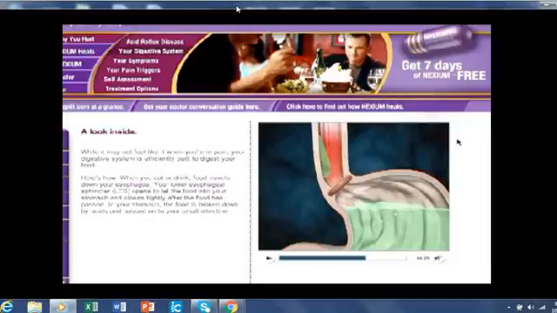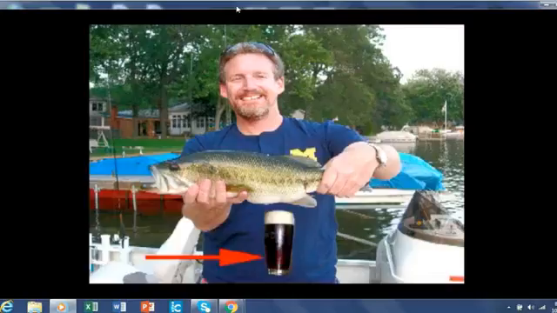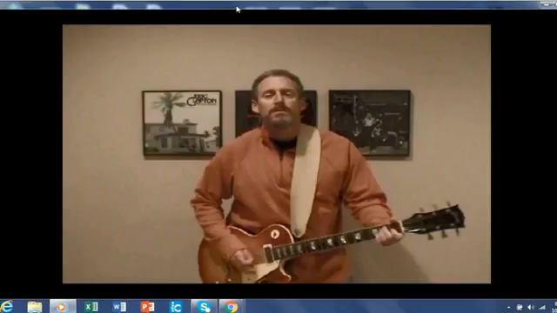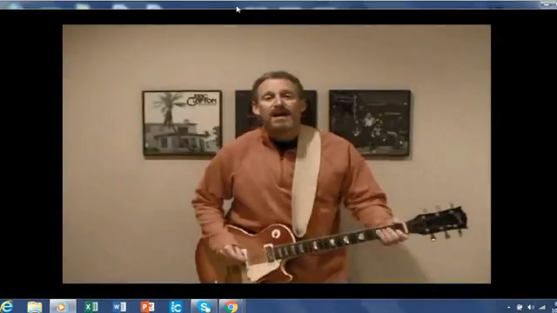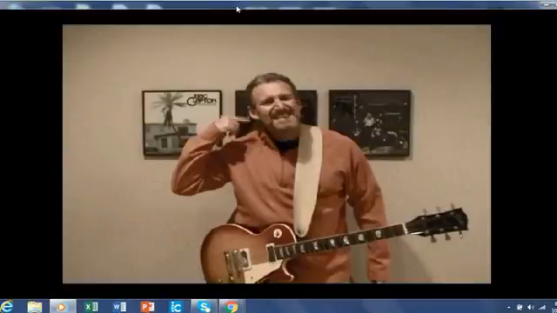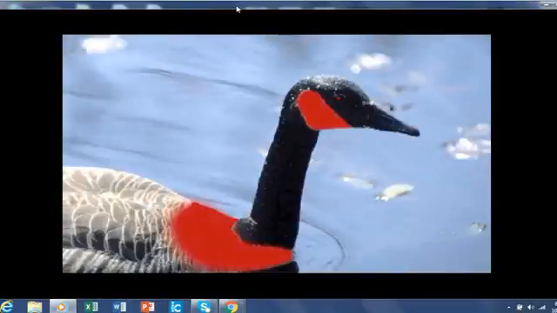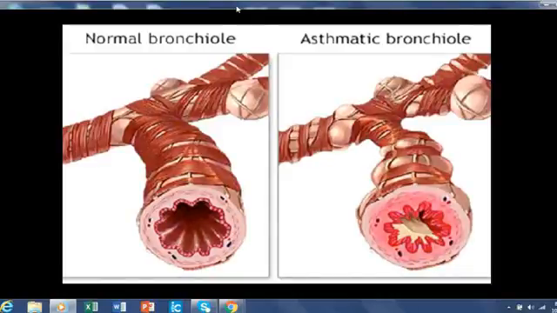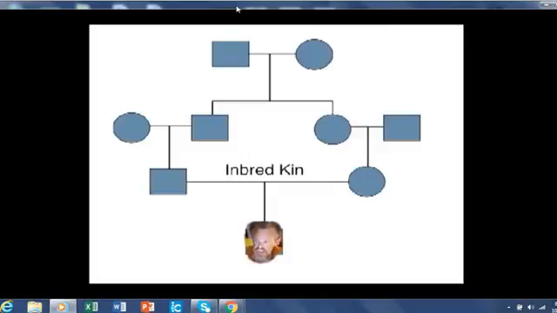I've got everything up above my GE junction. Reflux esophagitis running around my brain. This stuff's enough to make you go insane. I've got that asthma and skin problems.